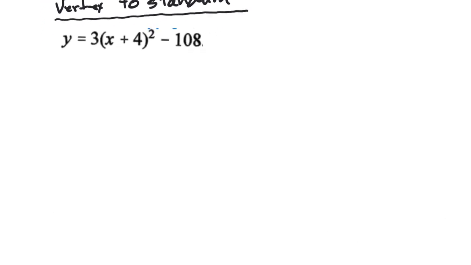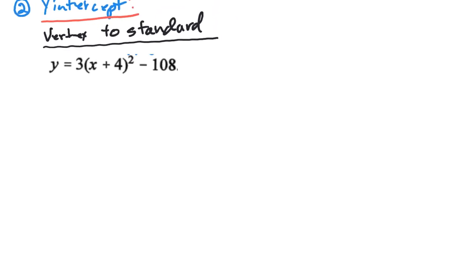All right, so for our vertex form to standard form, the first thing we do is write down our equation. Then we write 3, but then we have to double this. So now we've got (x plus 4)(x plus 4), minus 48. Now we need to expand this.